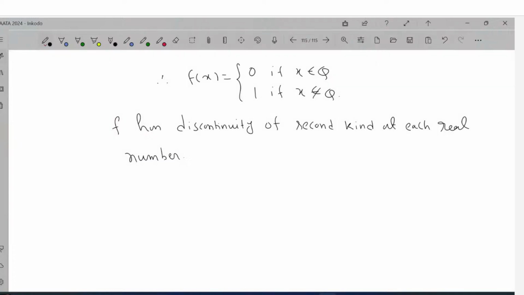But is it oscillatory or infinite discontinuity? It's bounded, correct. Whatever number you consider, either you get the value 1 or 0. So it's bounded. So obviously you will get the oscillatory discontinuity.